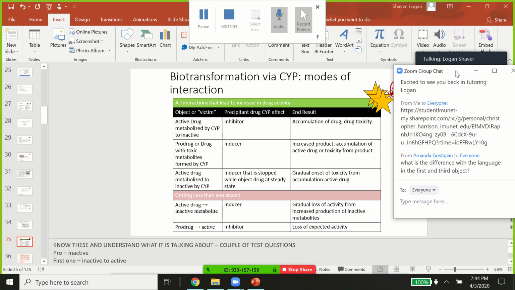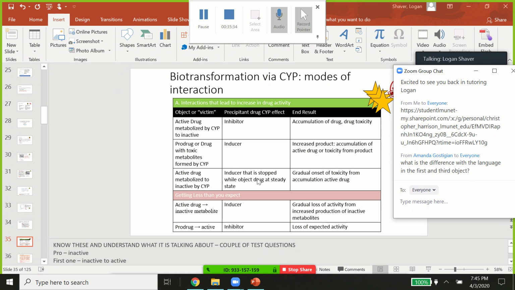Oh, wait a minute. Oh, that's what it is. So what it's saying is that this active drug is normally metabolized by CYP to form that metabolite. In this case, this precipitant drug would lead to the stopping of that inducer. So the object drug has already hit steady state.